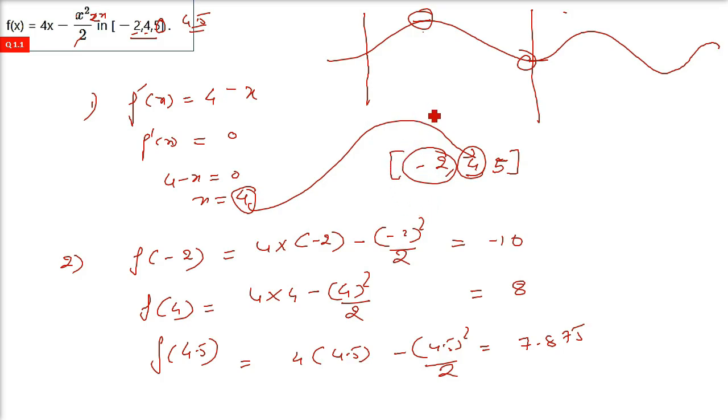Now, what is the absolute minima and absolute maxima, or absolute minimum or absolute maximum? See, there are certain local minima and maxima, so I made a graph. Here one maximum will be the maximum of all. That is called the maximum. One minimum will be the minimum of all. That is the minimum. But if you take any maximum which is higher than the others around it, this is called local maxima or local minima.